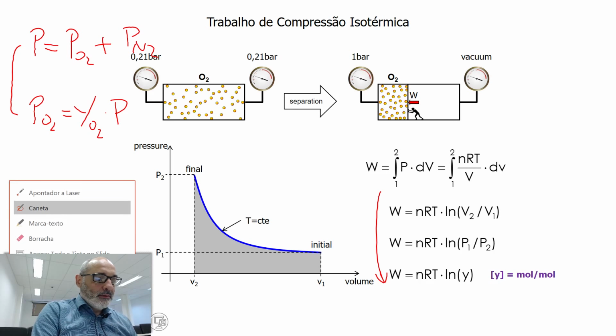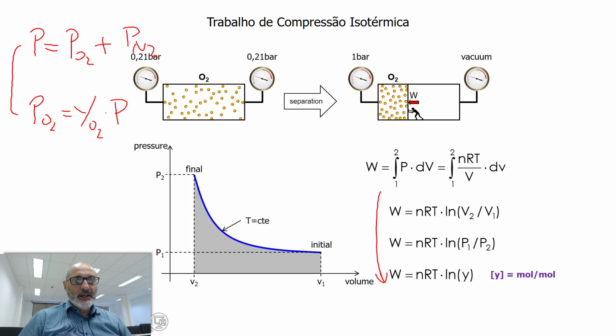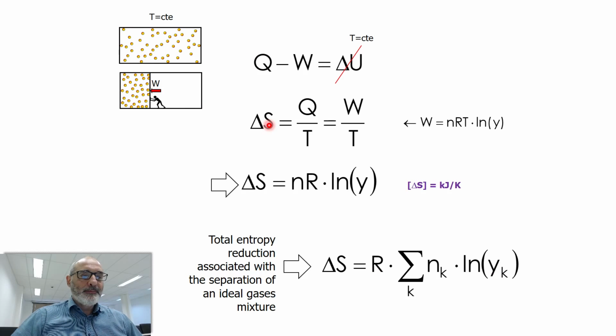Okay, so let me move on. Now we know how to calculate the isothermal compression work, and I was showing that what we have here is an isothermal compression process. So we're going to apply this to our problem.